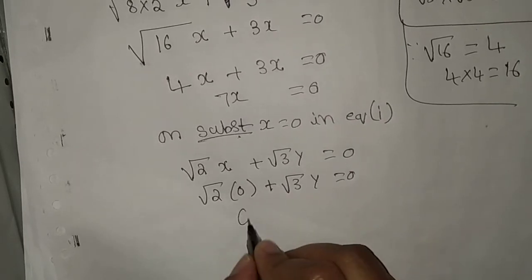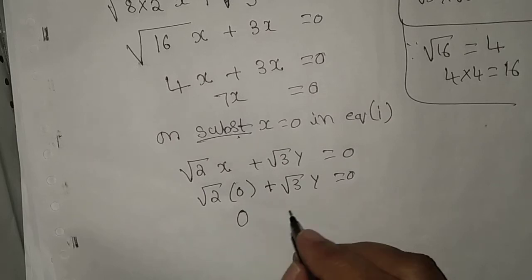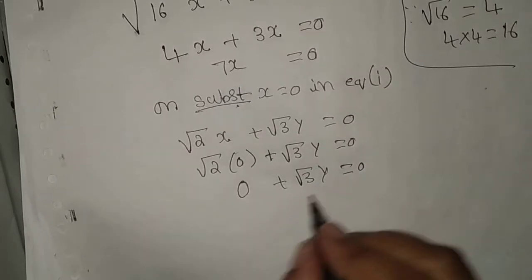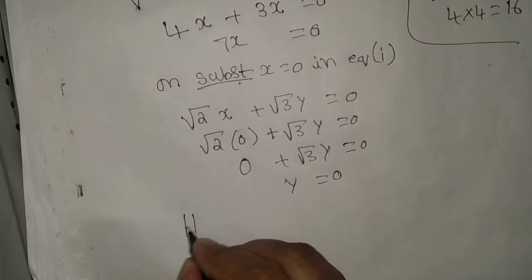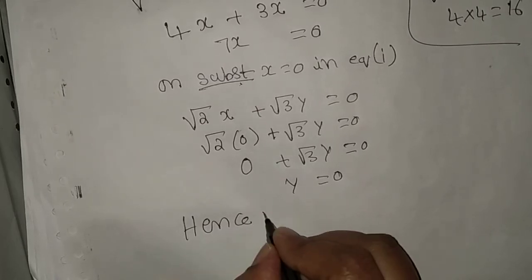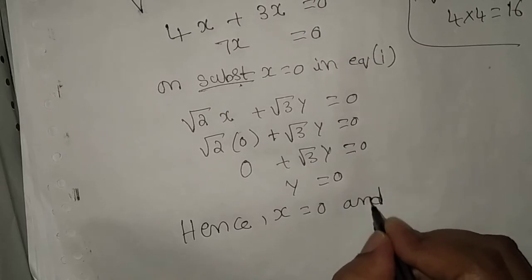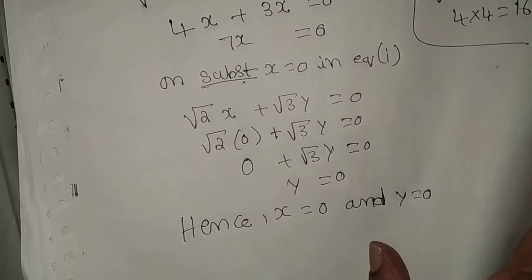This becomes 0, so we get root 3 y is equal to 0. Therefore finally y is equal to 0. Hence x is equal to 0 and y is equal to 0. So this is the solution for the fifth.